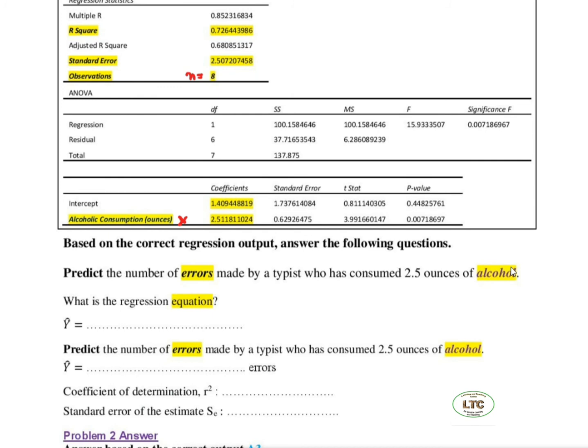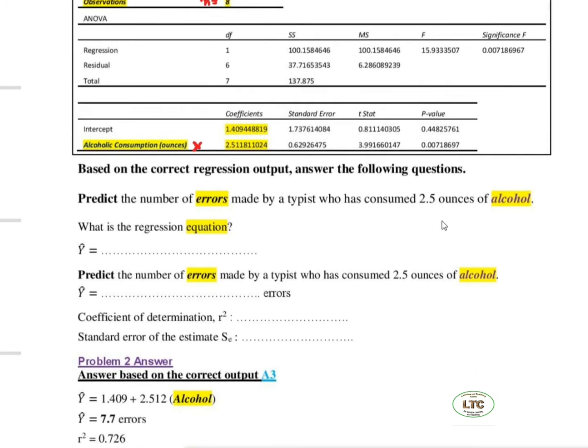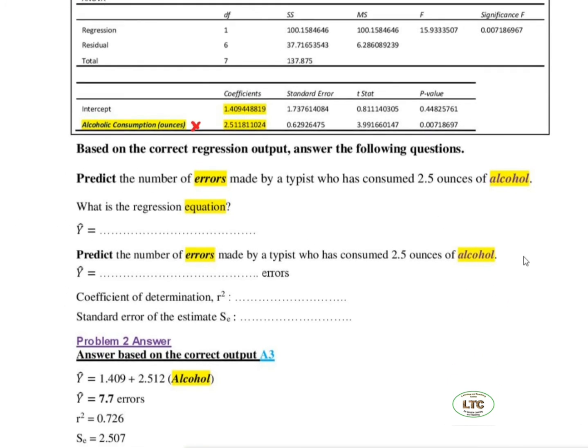Using this output you can compute y hat, predicting the number of errors made by a typist who has consumed 2.5 ounces of alcohol. X is 2.5, A is 1.494, B is 2.5118.